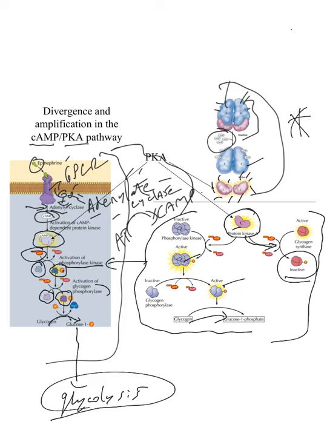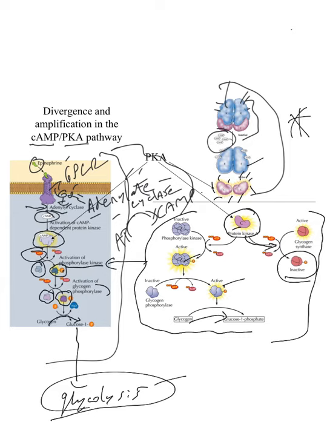inactivate glycogen synthase. Now, why is that logical and even really helpful in the context of this epinephrine signaling? Well, if epinephrine's goal is to drive glycolysis, and that's certainly one of the things that it does in receiving cells, it would not make sense to build up glycogen, right?